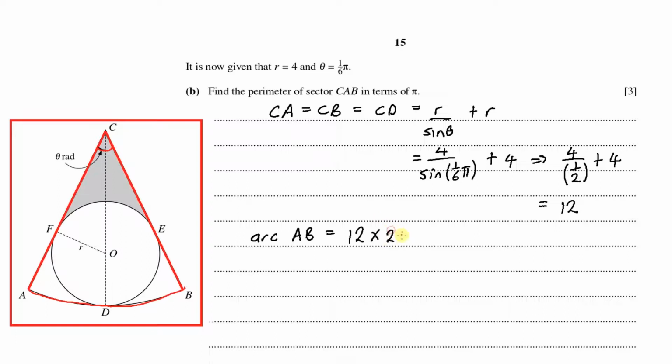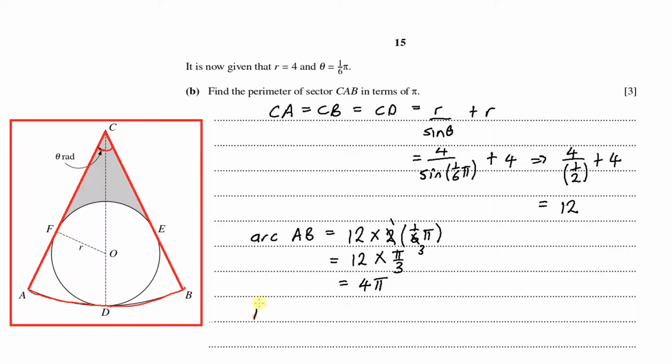So that will be 2 times theta, and theta is pi over 6, so we have pi over 6 here. So for the arc AB, that's 12 times, getting 2 into 6, that's 3, so pi over 3. So it's 12 times pi over 3, and this comes out as 4 pi.